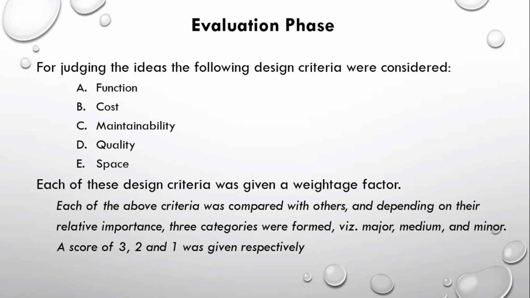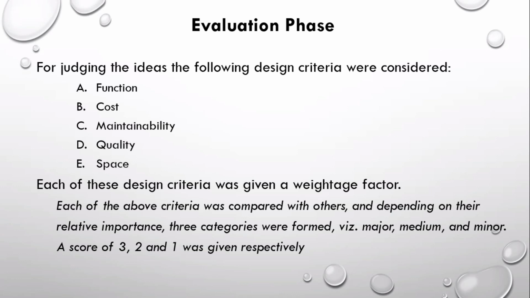So in the evaluation phase, as we saw with the previous example, there are different criteria: function, cost, maintainability, quality, space. We can evaluate in terms of these 5 criteria. Each of these design criteria was given a weightage factor.